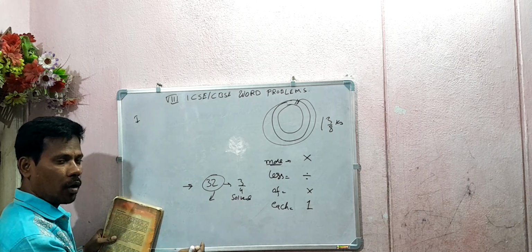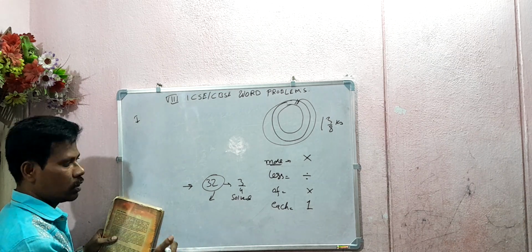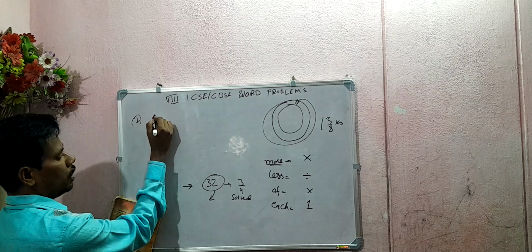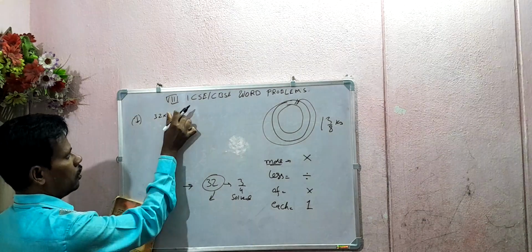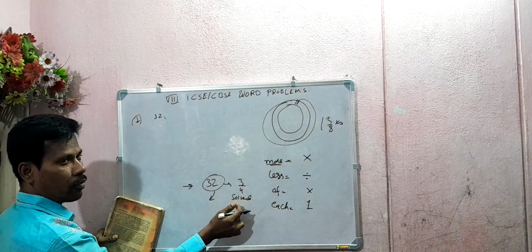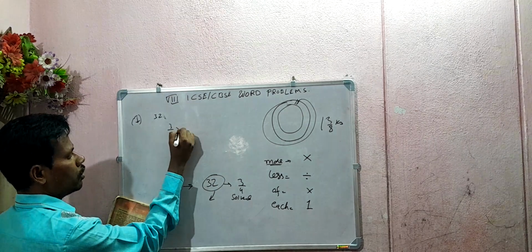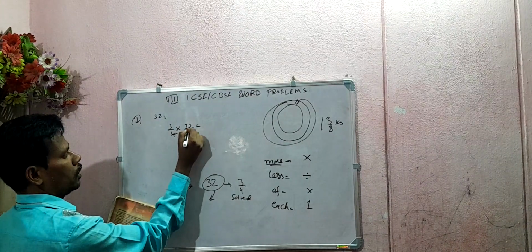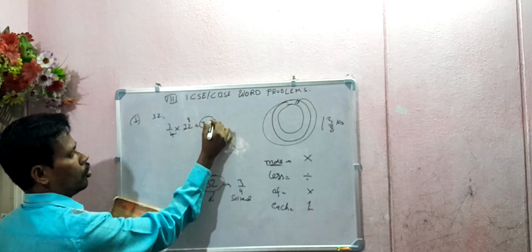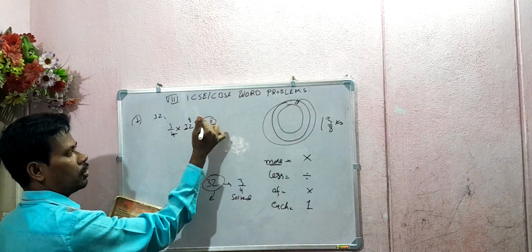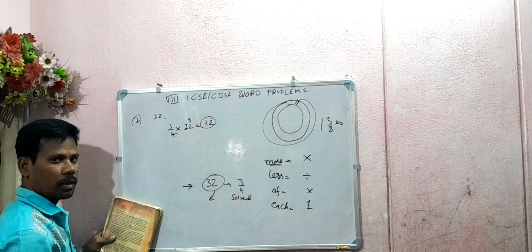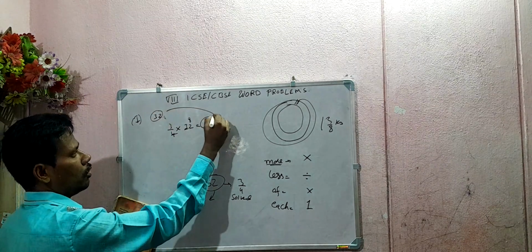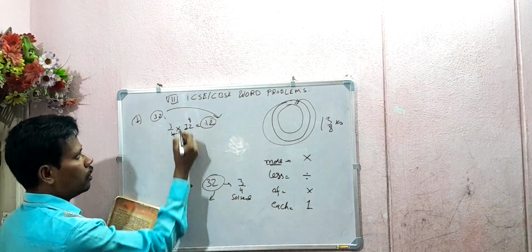And our question is, how many he did not solve. So first, method 1 is 32 into 3/4. Of means multiplication. 24 problems he has solved. Out of 32, he has solved 24 problems. How many he did not solve? Simple.